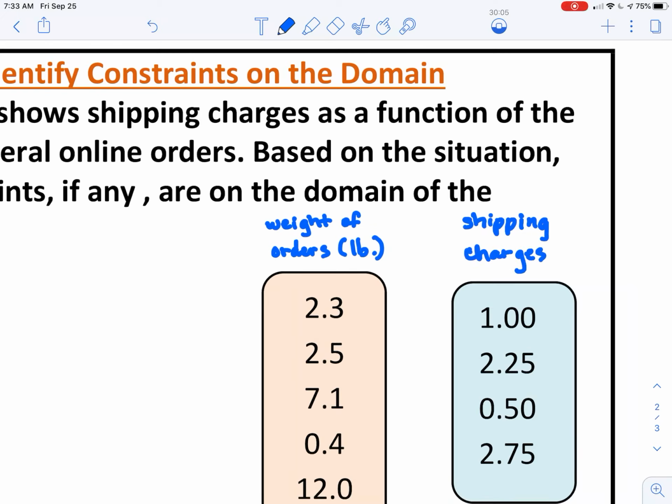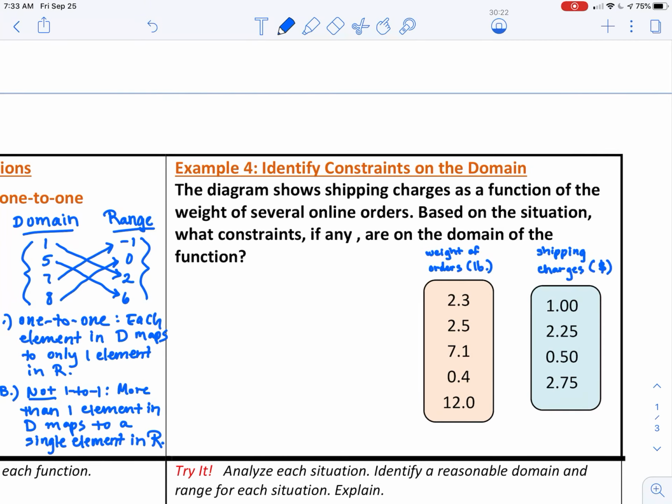If you're a member of Amazon Prime, you don't have to pay for shipping in most cases. Shipping is free. However, many things are not set up that way, and you have to pay for them to ship you a box or whatever, a package. So that's what this is talking about. The orange box represents the weight of the package that you're ordering, and the blue box represents what the shipping charges are when it weighs a certain amount.